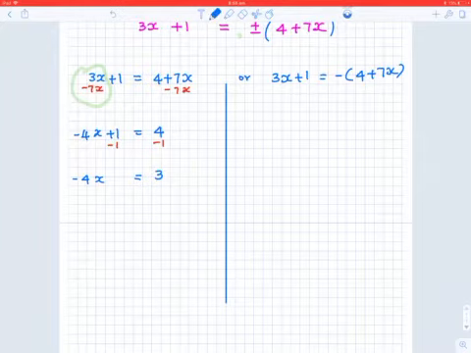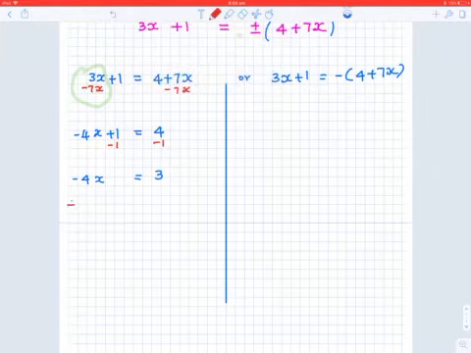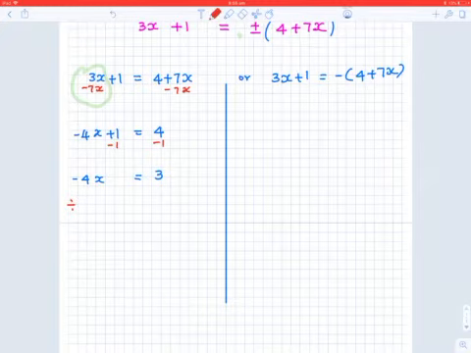So now you do minus 1 on both sides. The next line I still have minus 4x. Then I'm just going to divide by negative 1 first.